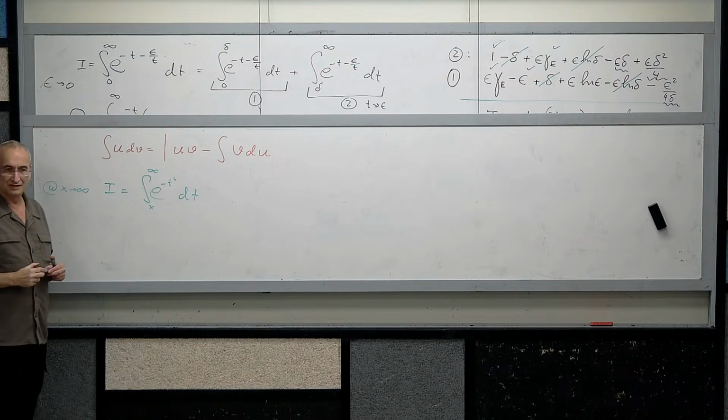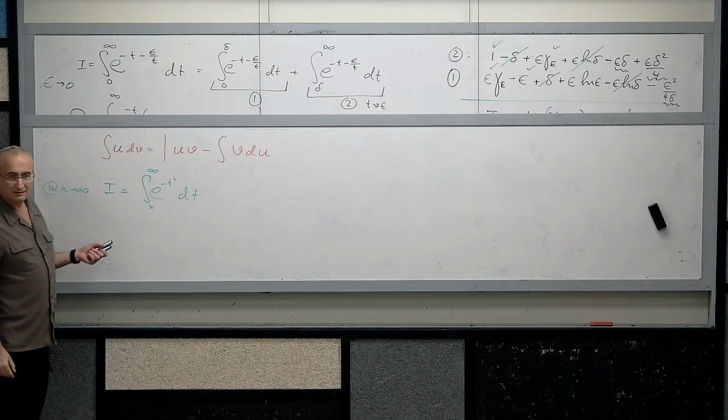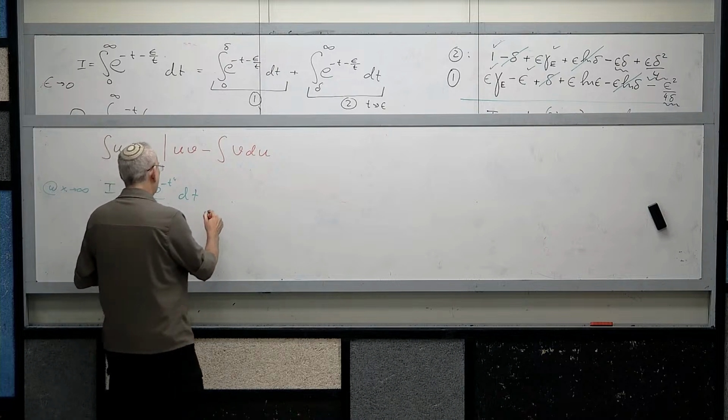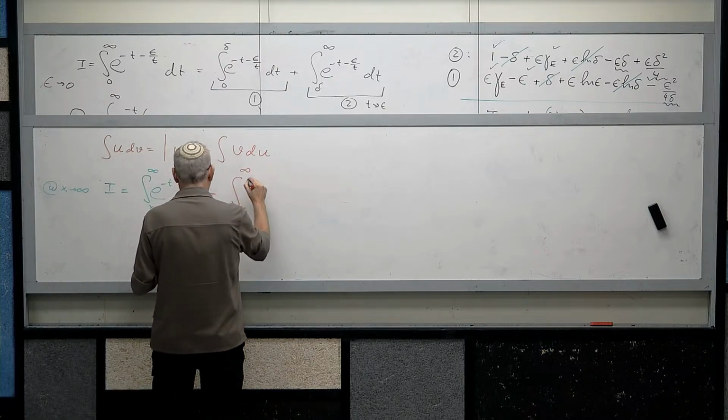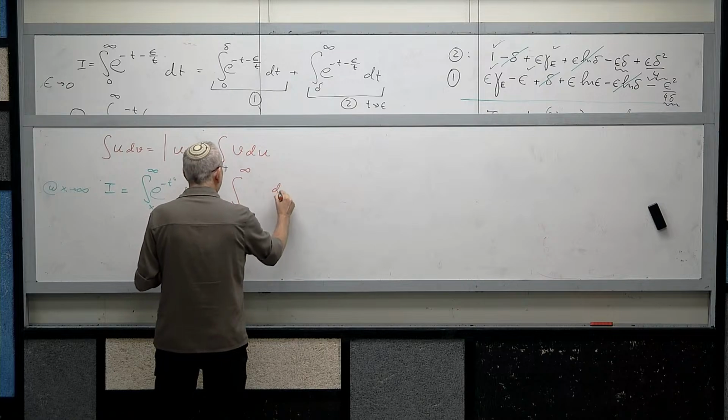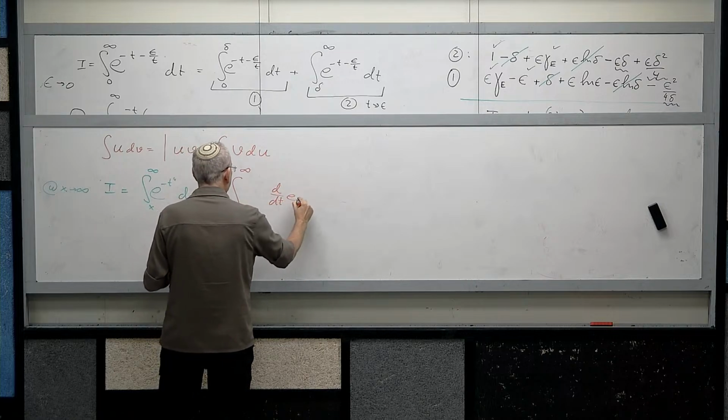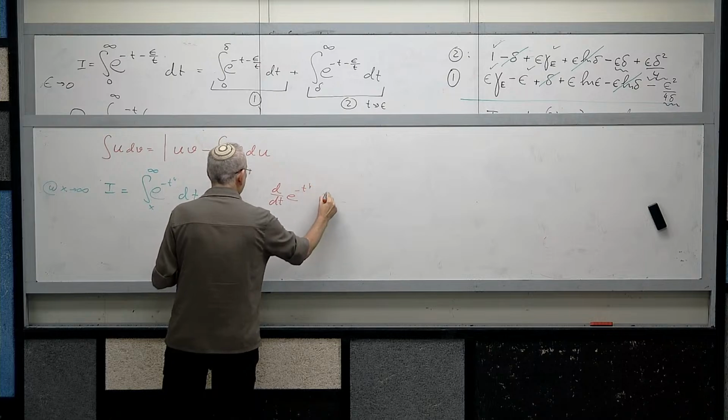Not as x goes to 0, but as x goes to infinity. Okay? What is the trick? The trick here is to write this integral as the integral from x to infinity of d/dt of e to the minus t to the power of 4, dt.